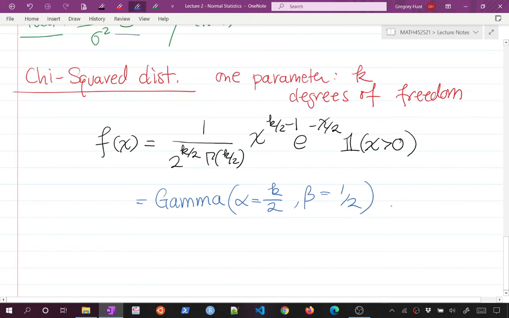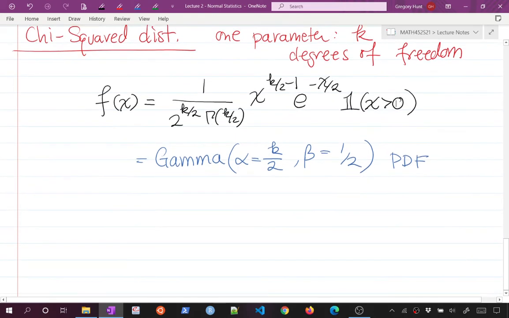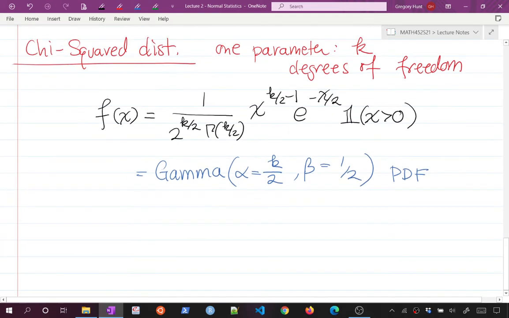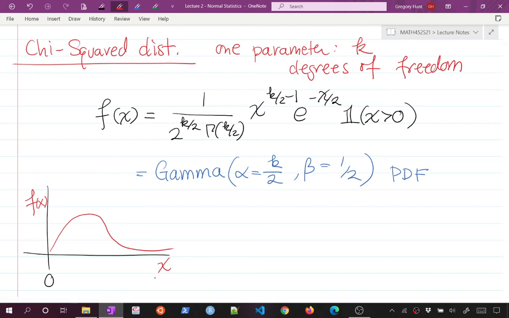So that's the PDF of that. It's a particular positive random variable. If this is 0, maybe our chi-squared looks something like that, if this is our f of x and this is x. It'll look something like that. It's a gamma. We talked about those already a little bit.